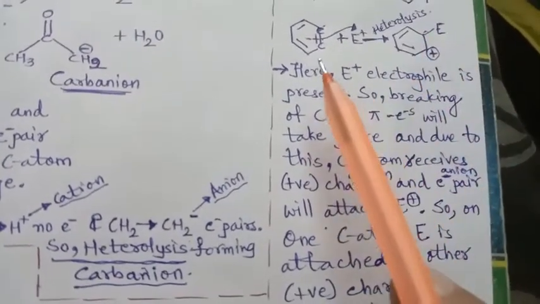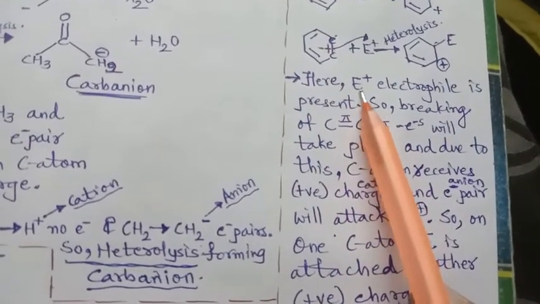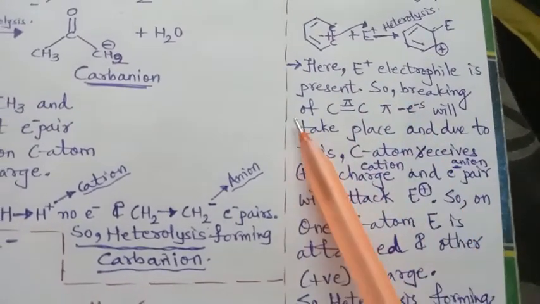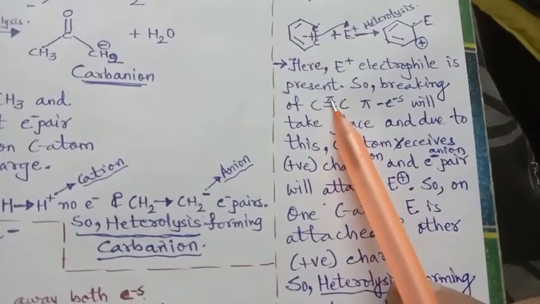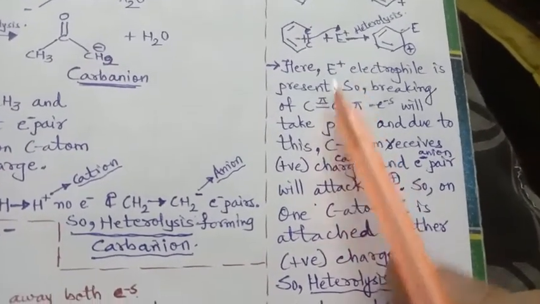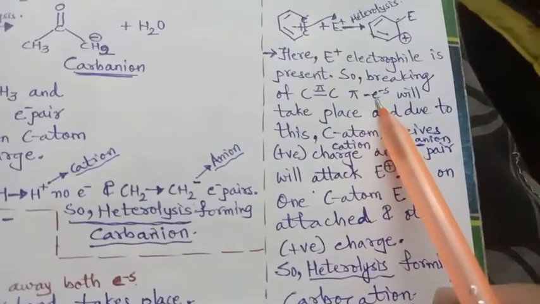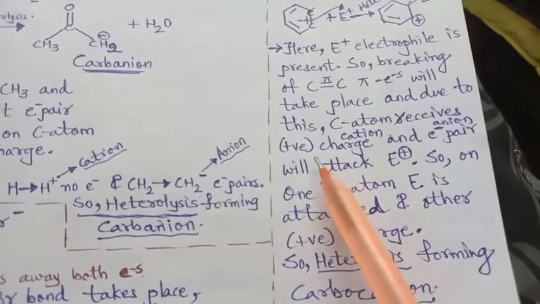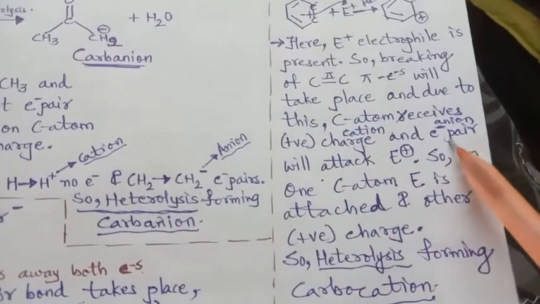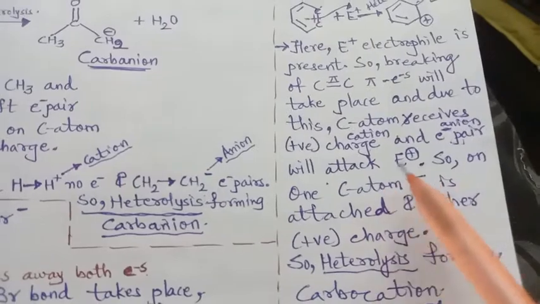Right? So see here, E plus electrophile is present. Breaking of the C double bond C, the pi bond, is possible. So heterolytic cleavage of the pi electrons will take place, and due to this one carbon atom receives a positive charge, a cation, and the electron pair, the anion, will attack E plus.